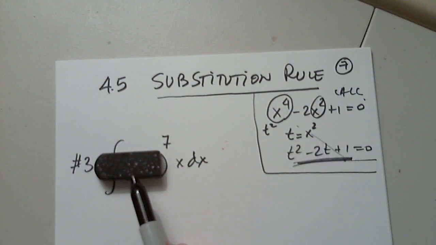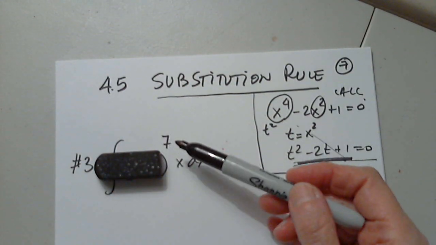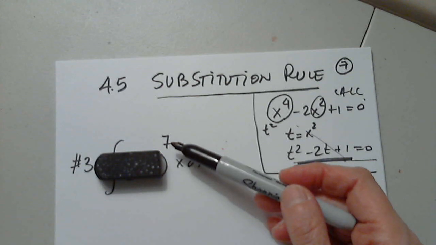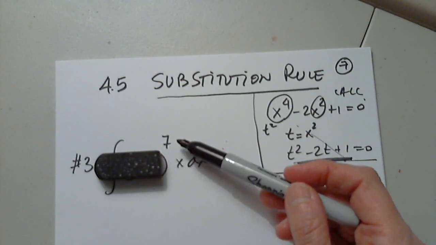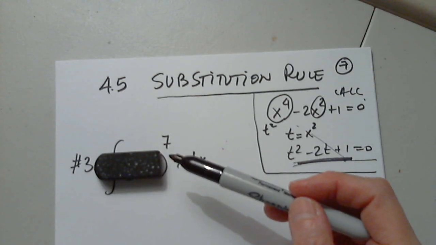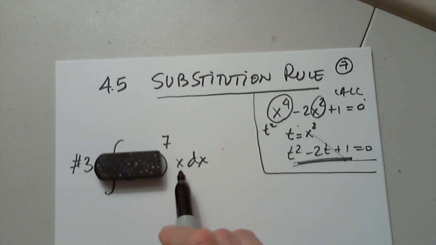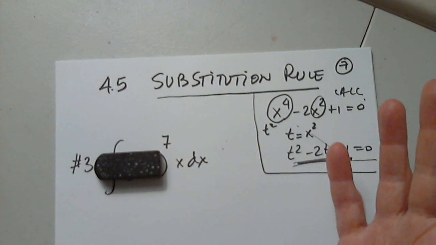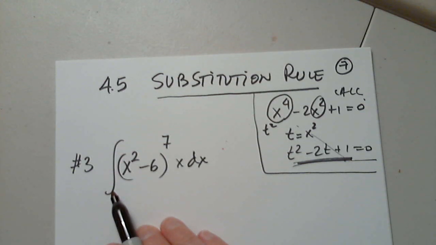There is a complicated situation here, because if you ask me to take this to power 7, it will take me a while. It's not impossible, but it will take me a while to get those 8 terms, and then distribute x, and then find the family of functions, because this is the indefinite integral.